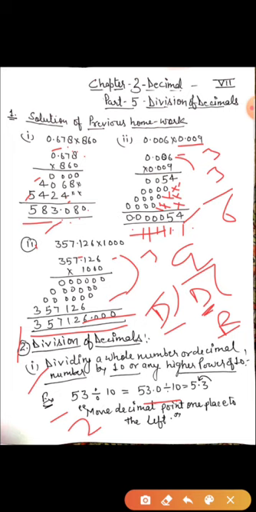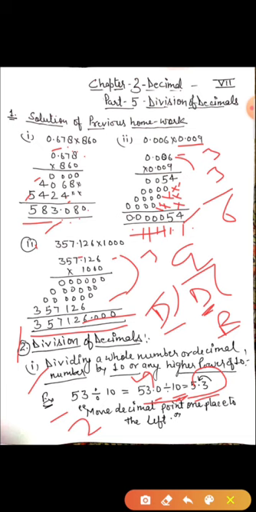Look here, 53, so we can write directly 53, then how many zeros in 10? One. So we move the decimal. The decimal is here, so 53.0; you can say 53.0 or 53, the value is the same. Then just move the decimal to the left according to the zeros. How many zeros? One. So you can move the decimal to the left by one digit.